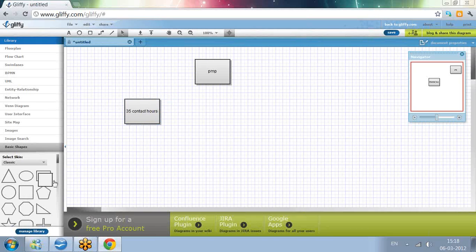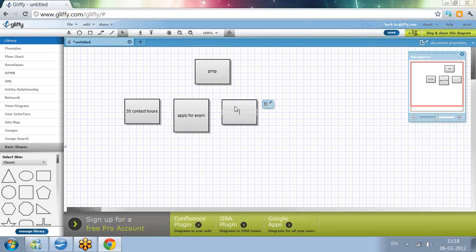And once that is obtained, the next step would be we have to apply for exam. Once that is done, the next step is prepare for exam.